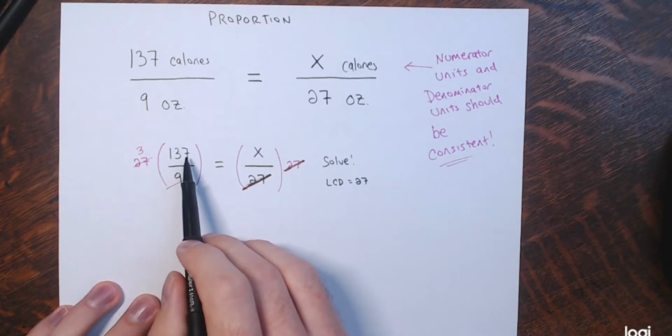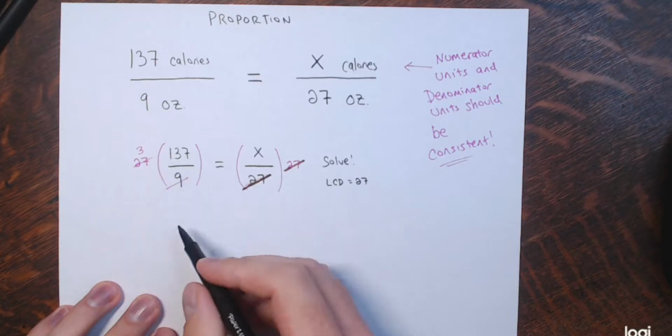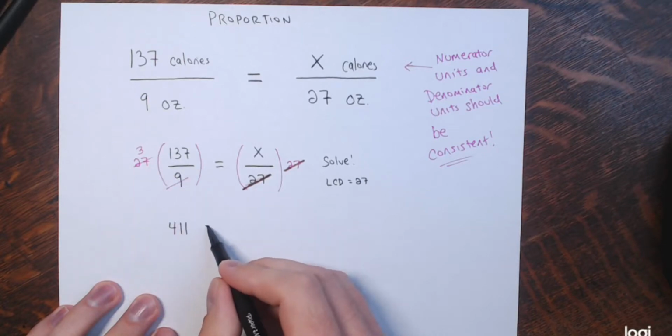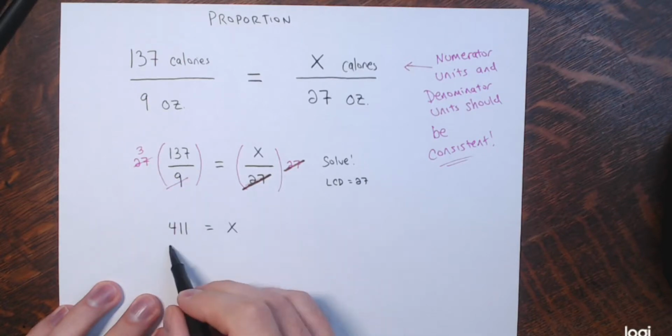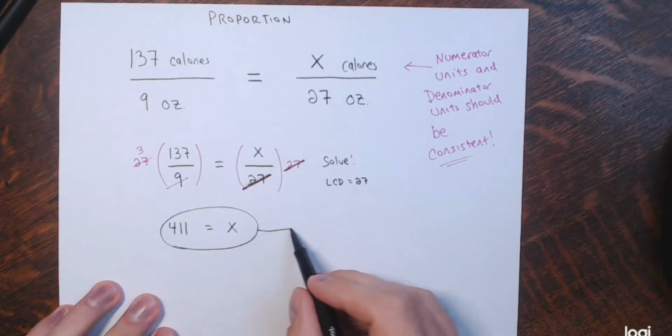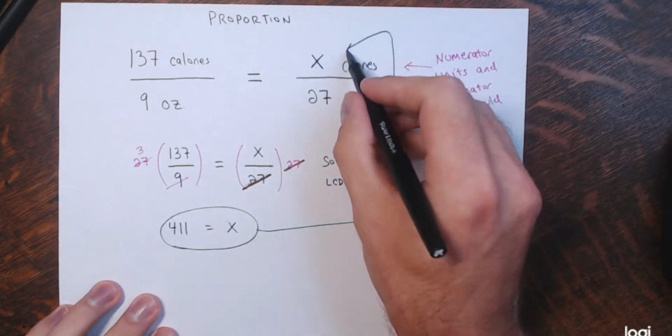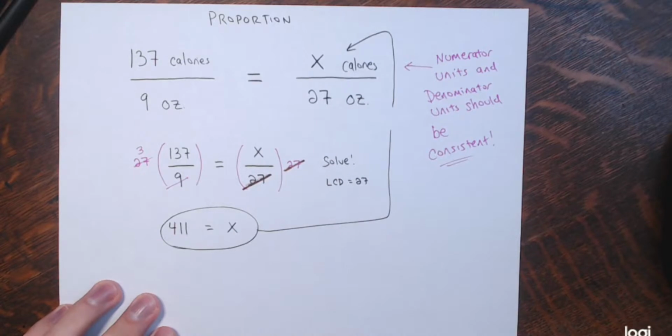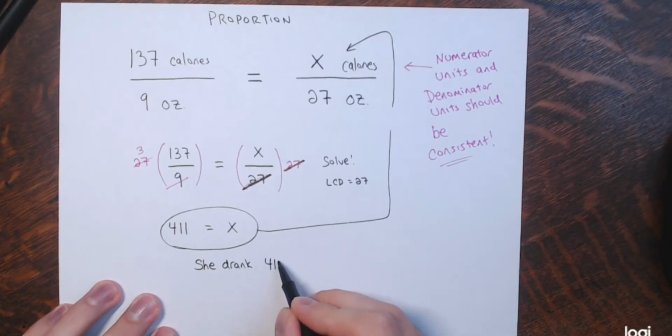All right, 390 plus 21 is 411 equals X. But remember, this represented the number of calories she drank. So I could answer she drank 411 calories of energy drink.